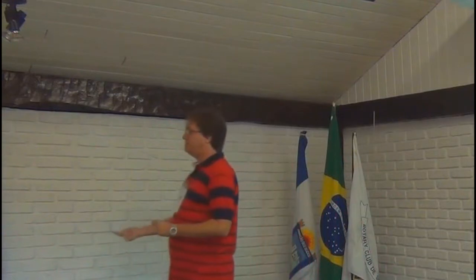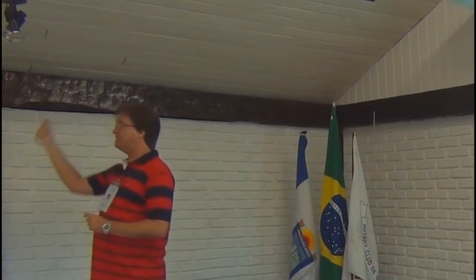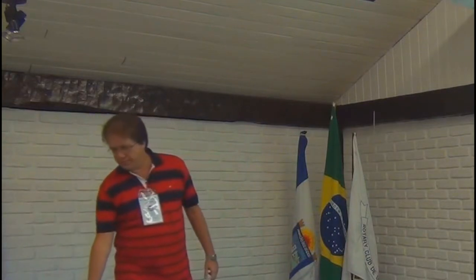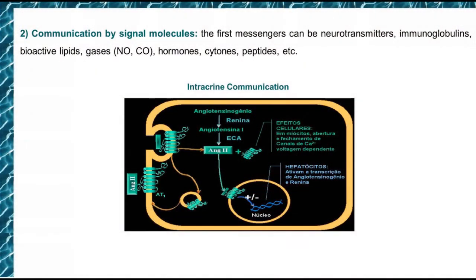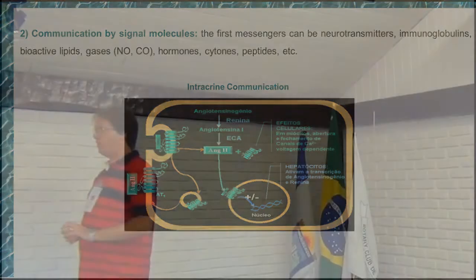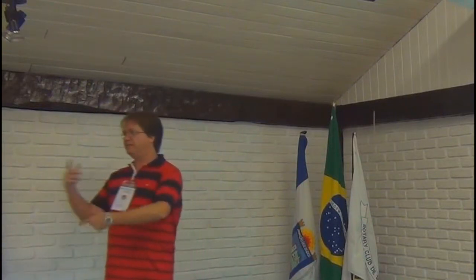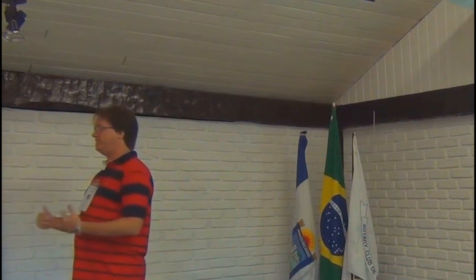And even these molecules can trigger signal in the same cell where they were produced. It's somehow strange, but it occurs. More recently, there is another type of cell communication which is called the intracrine model, where the cell produces a signaling molecule inside it, and the receptor and all the cell machinery to interpret that molecule is inside that cell also.